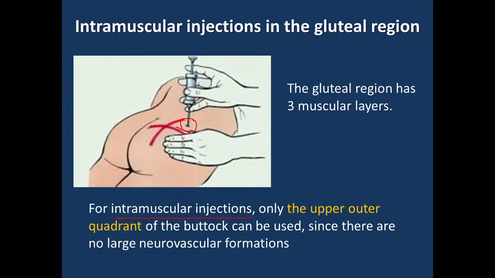So if we divide the gluteal region with two lines, horizontal and vertical, the lateral and anterior quadrant is a good point to inject some medicaments, some pharmacological drugs, I mean in medicine, not narcotic drugs.